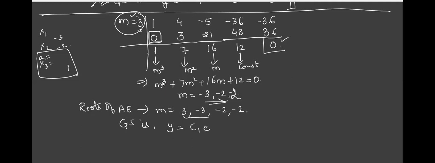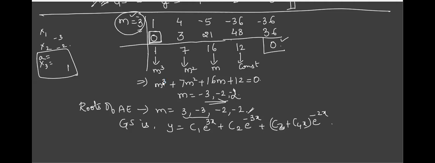C1 e to the power 3x plus C2 e to the power minus 3x plus C3 plus C4 x e to the power minus 2x. Very good. Others agree with his answer? These two are distinct and these two are equal. This is how it should be solved.